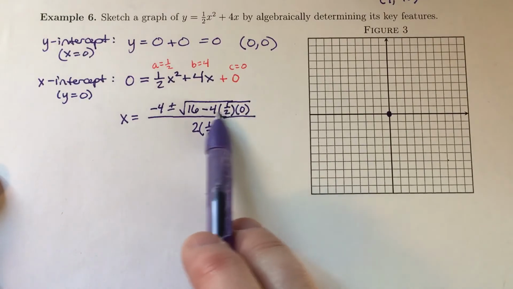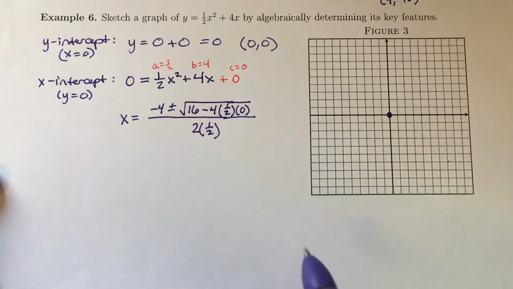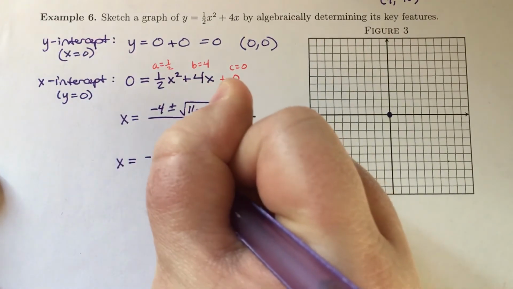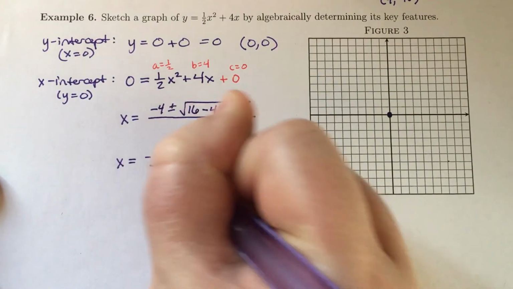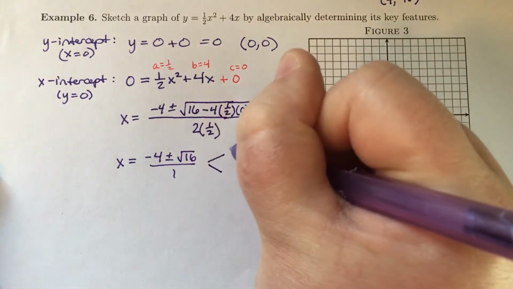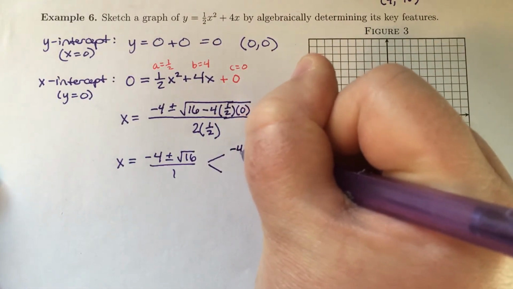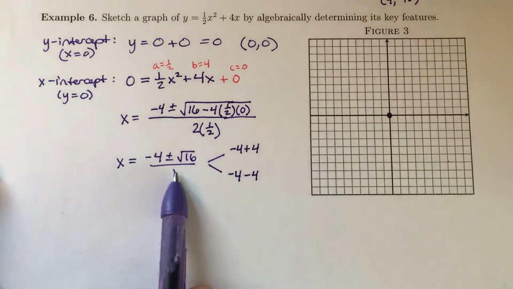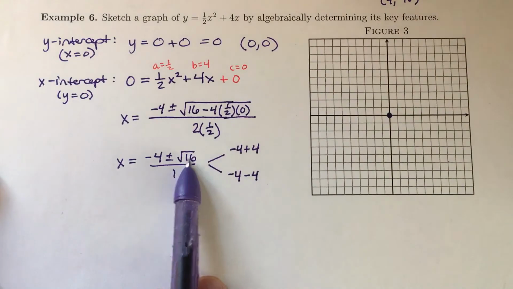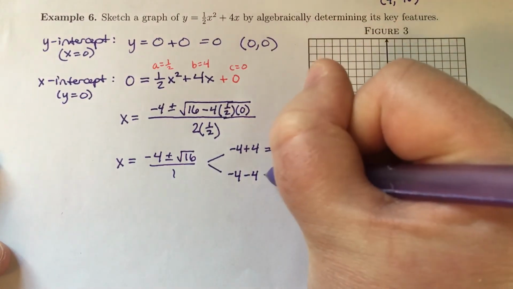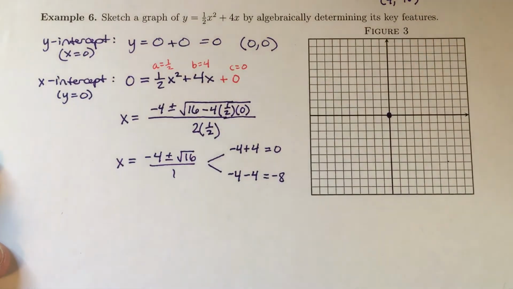And in this case, multiplying by 0 makes this one go away. So what I'm ending up with is negative 4 plus or minus the square root of 16. And then I'm just dividing by 1. So it'll be negative 4 plus 4 or negative 4 minus 4. Because dividing by 1 isn't going to do anything, and the square root of 16 is 4. So that's 0 and negative 8.